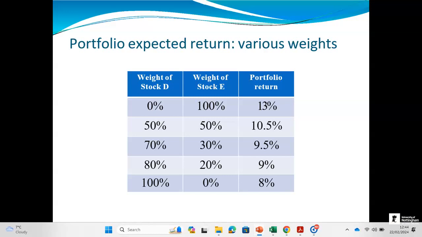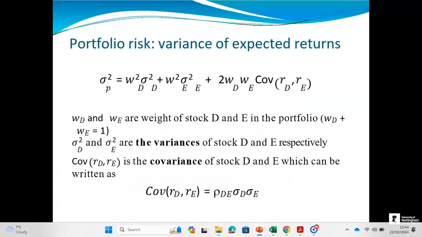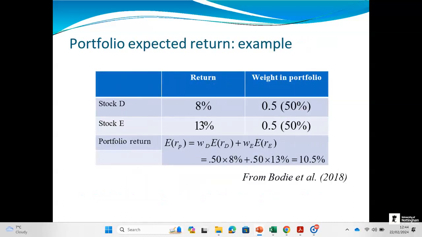If you put nothing in D and everything in E, your expected return would be 13%, which is equal to the expected return of E. On the other extreme, you can put everything in D and nothing in E, so your expected return would be equal to that of D. In between these two, you can create a portfolio expected return based on how much you put in D and E respectively. So what we have concluded here is that you can create a range of portfolios with just two assets, simply by changing the weights.